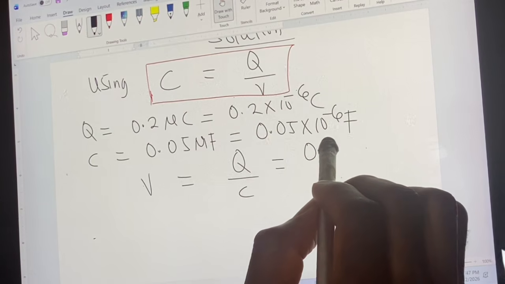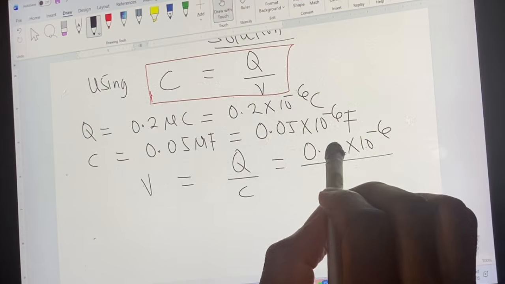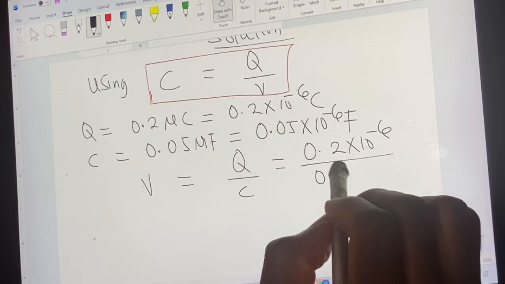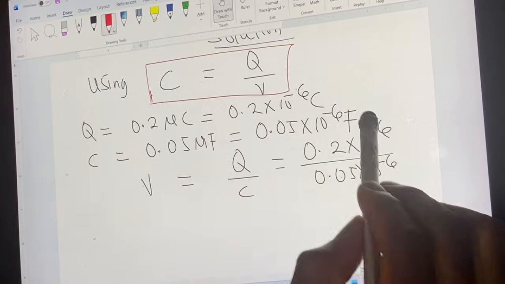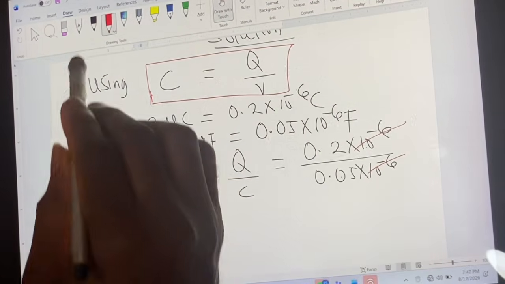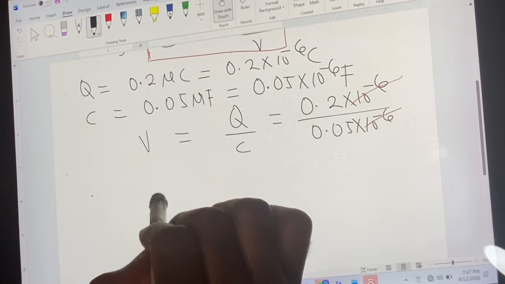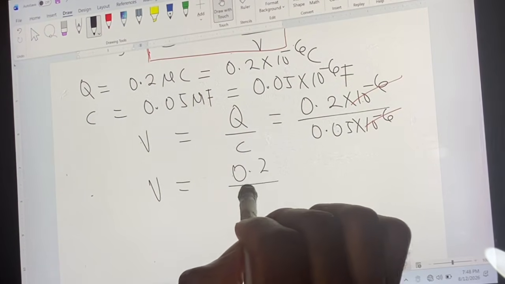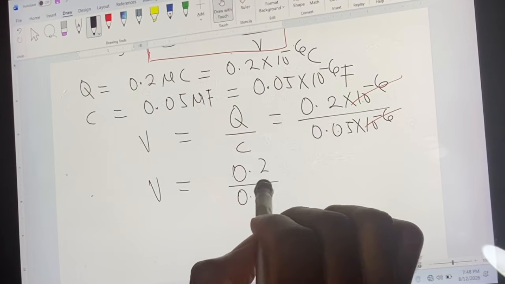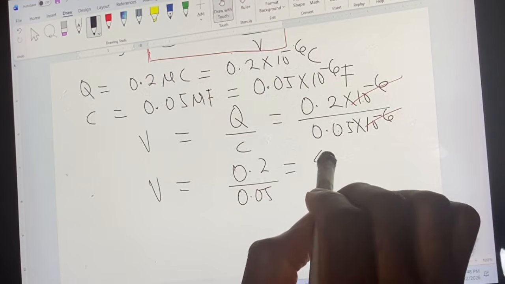This is 0.2 times 10 to the power of minus 6 over 0.05 times 10 to the power of minus 6. All right, we cancel this, and I'll be left with potential difference equal to 0.2 divided by 0.05. When you punch your calculator, we have the answer to be 4 volts.